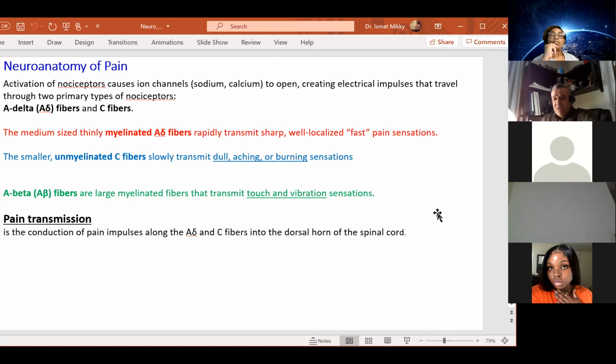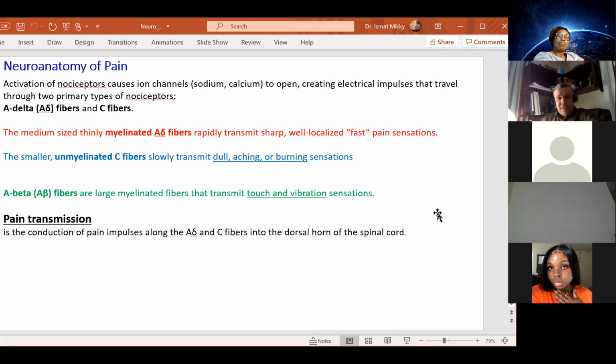When we try to touch a hot object, automatically you will pull your hand away from the hot object. That is a reflex withdrawal, usually activated by the A delta fibers, because they are myelinated, covered with myelin sheath, and they transmit the sharp, localized, fast pain sensations.